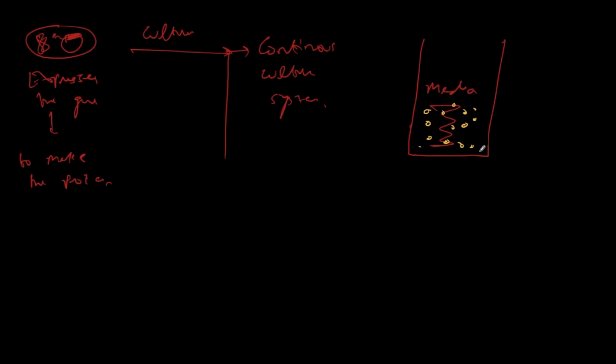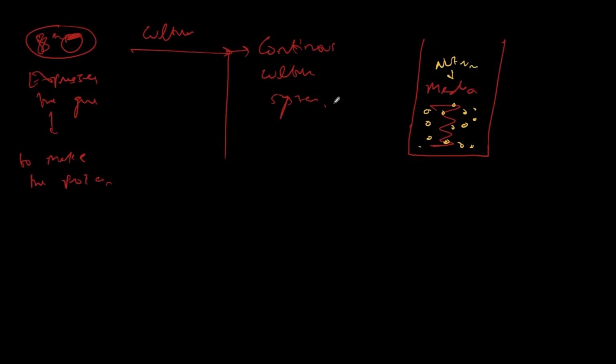After a certain period of time, since the bacteria are utilizing all the nutrients in the media, the nutrients are getting exhausted. For example, if we put in 1 gram of glucose, they will utilize it for their own use, and then there won't be any glucose left.